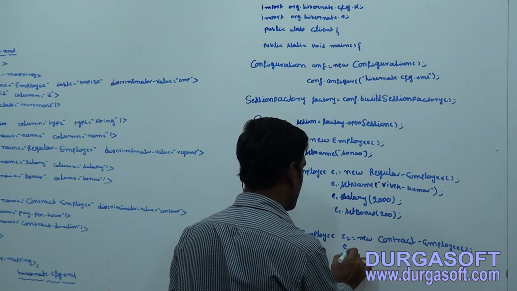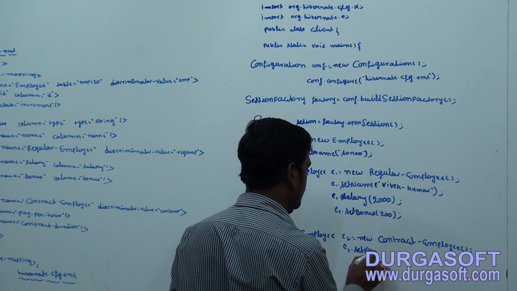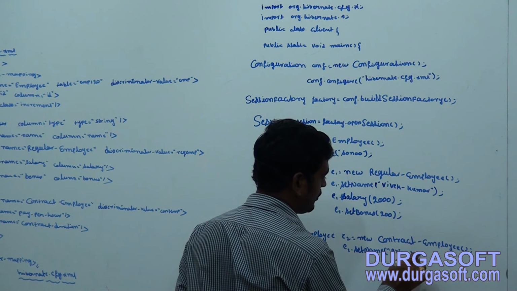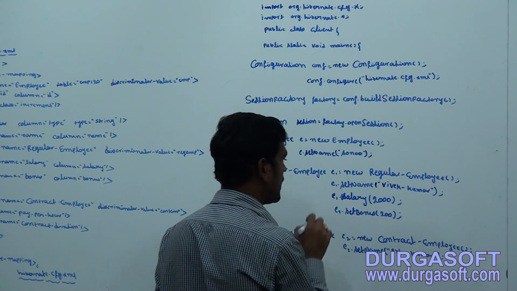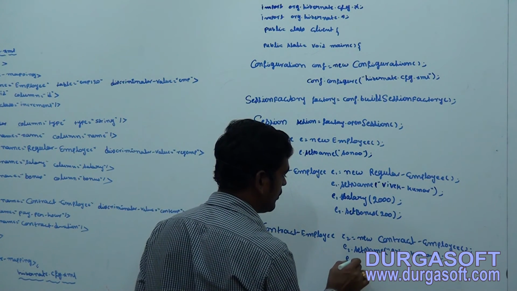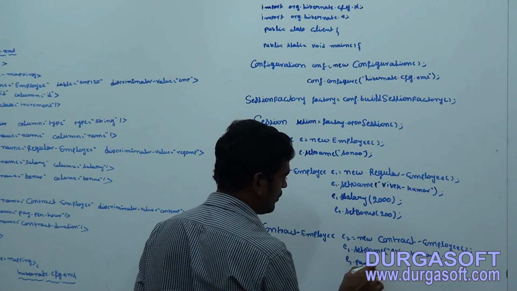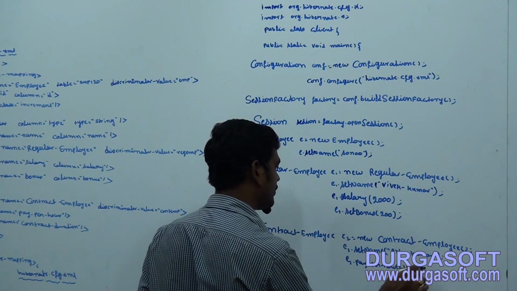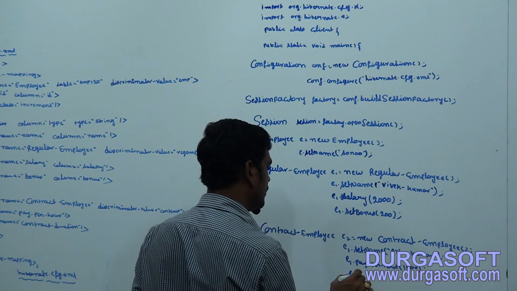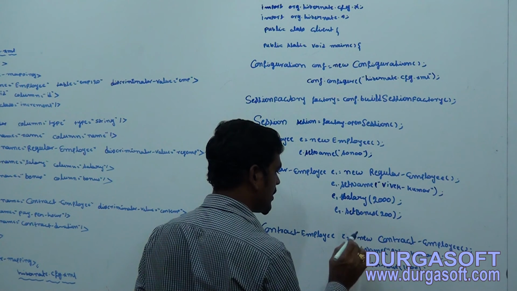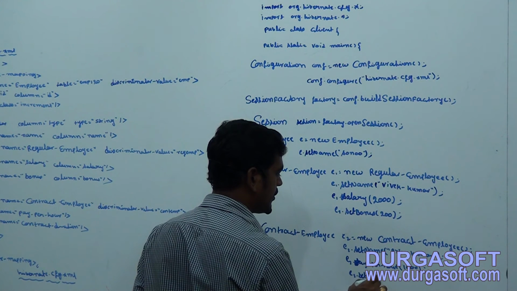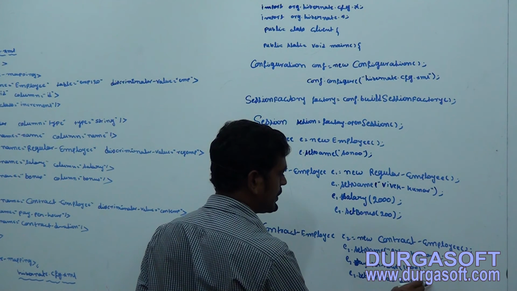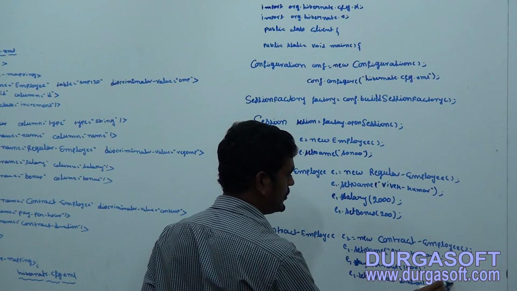The next, e2.setName, now Arjun Kumar. The next, e2.setPayPerHour, 1000 rupees. Then e2.setContractDuration, 15 days.